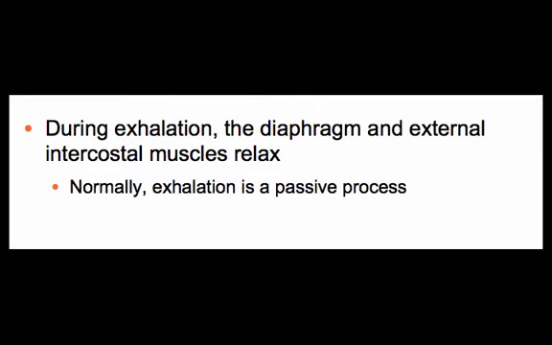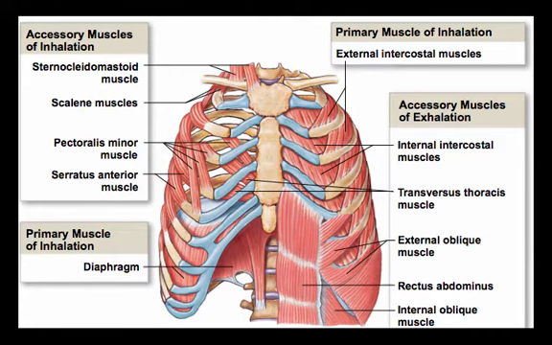During normal breathing, the diaphragm and external intercostal muscles relax to provide exhalation. So normally, exhalation is a passive process that doesn't require muscle contraction or ATP use. During more active exhalation, muscles such as the internal intercostal and transversus thoracis muscles depress the ribs, and the abdominal muscles compress the abdomen, forcing the diaphragm upward.